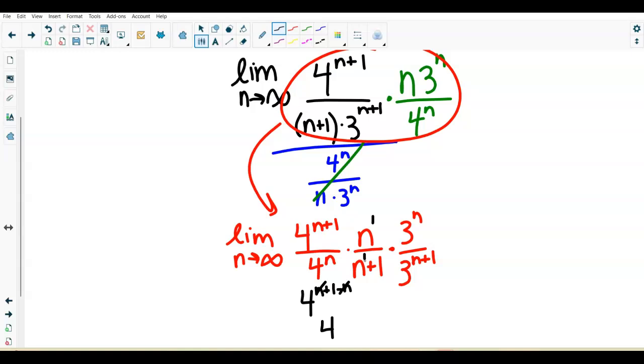Either rule works, but this middle one, as we approach infinity, will actually be 1. And then this last one, when we do our top minus that bottom, n minus n will cancel out, but this is actually 3 to the -1, which simplifies to 1/3.